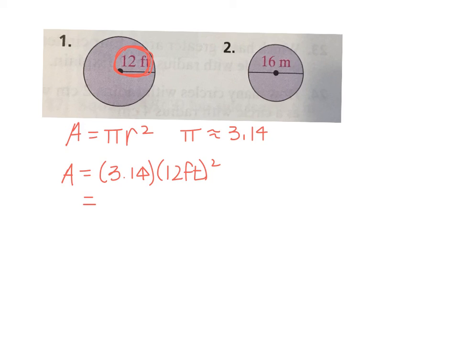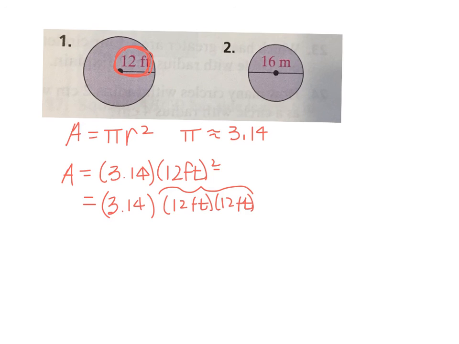So if I simplify this, I have 3.14, and 12 squared, remember, is really like saying 12 feet times 12 feet. Squared means that you multiply the number by itself the number of times that the exponent indicates.